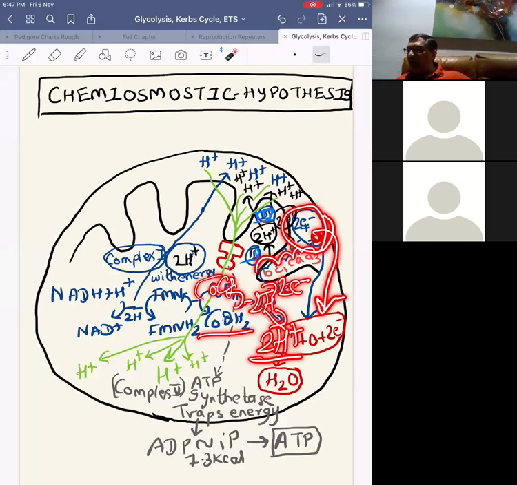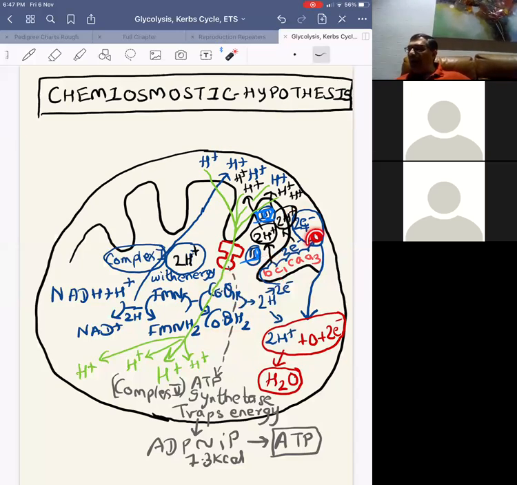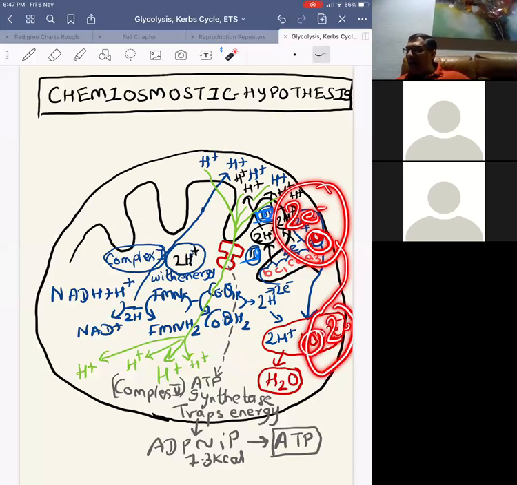And what has just returned back? Oxygen with electron. So oxygen with 2 electrons has just returned back, and what is already present in the matrix? Proton.